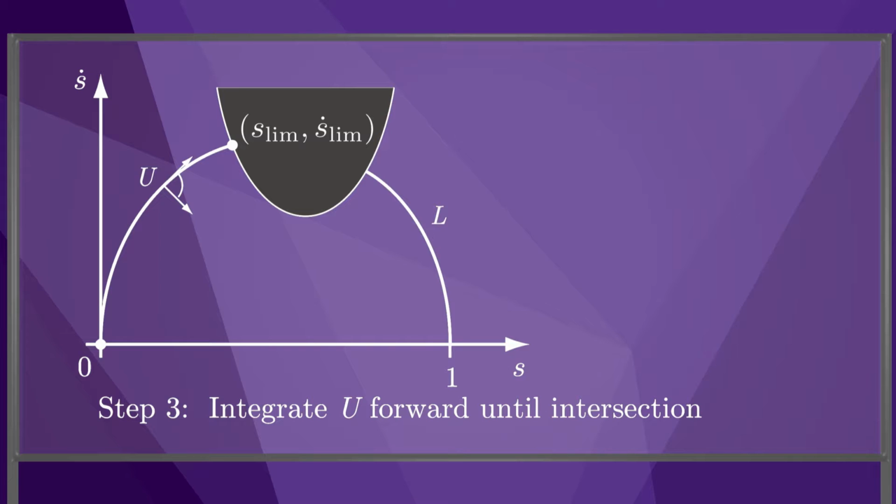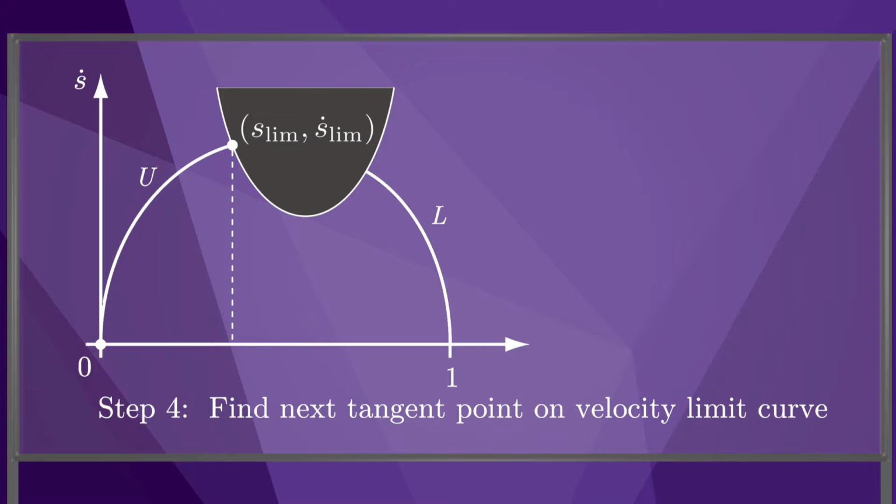Since time-optimal trajectories consist of only maximum acceleration u and minimum acceleration L, we need to find a point where we switch from u to L. One way to find the switch point is to decrease the velocity s dot from the point where we hit the velocity limit curve, and to integrate forward the minimum acceleration L. Depending on how much we decrease s dot, the forward integration will either hit the s-axis, as it does with our first two guesses, or it will intersect the velocity limit curve again, as with our third guess, or it will just touch the velocity limit curve tangentially. It is this tangential point we are looking for, and we'll call this point s-tan dot.